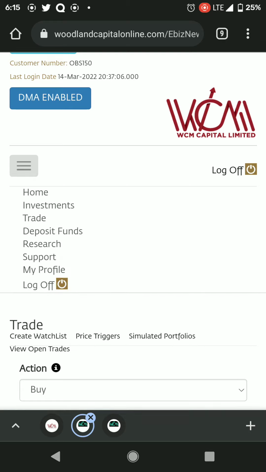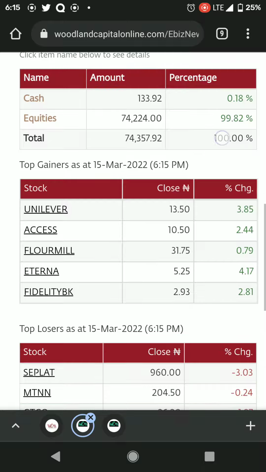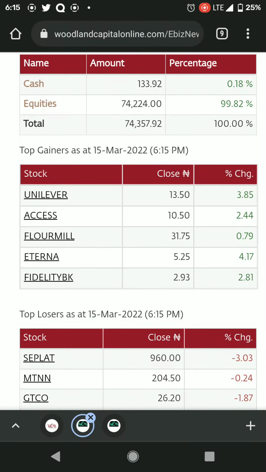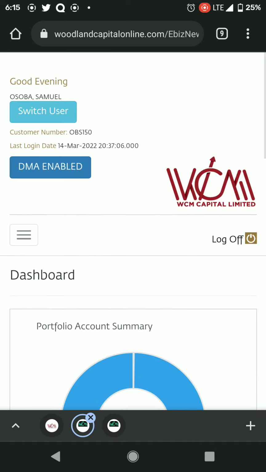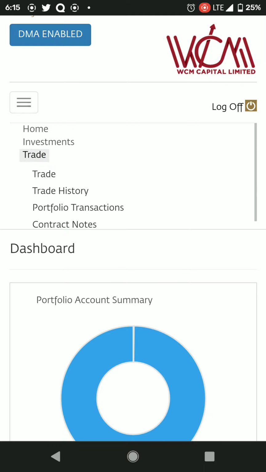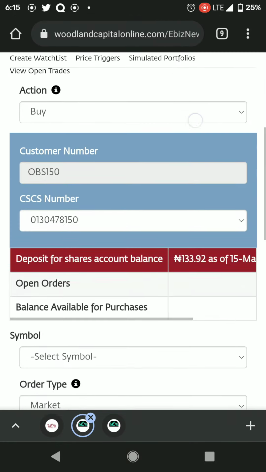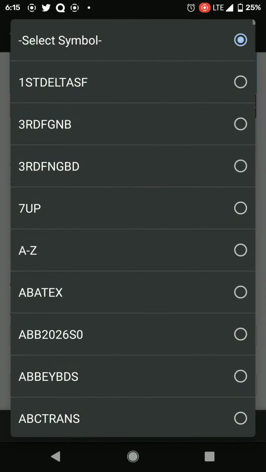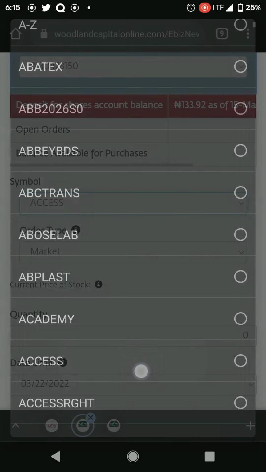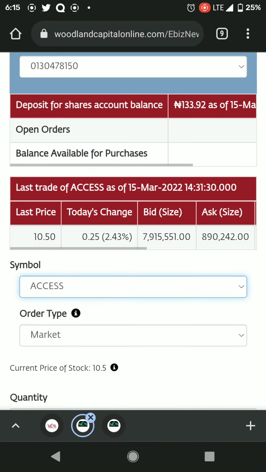Excuse me, let me look at my homepage. Let me look at top gainers for today. Okay, Access Bank has experienced a change today, so sorry, let's go back there. So pick Access Bank from the stock symbol list. Access. Oh, good, that's it.